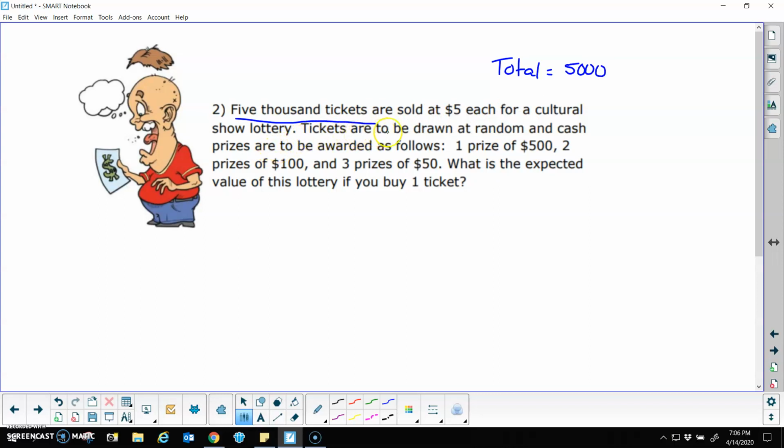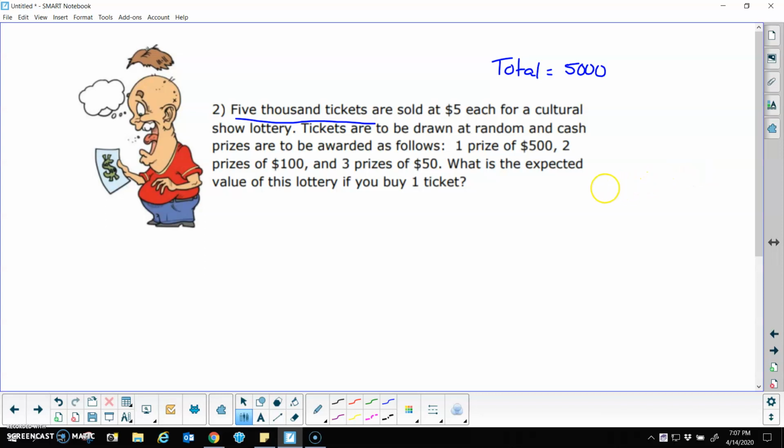Tickets are to be randomly drawn, and cash prizes are to be awarded as follows. There's one prize of $500, 2 prizes of $100, and 3 prizes of $50. What's the expected value for this lottery if you buy a ticket?